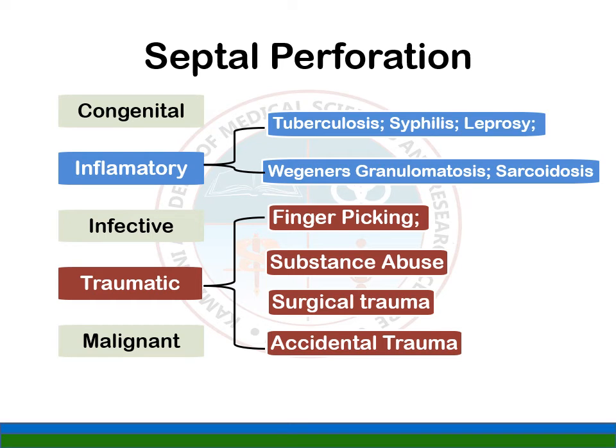It will lead first to bleeding. If the bleeding is controlled and crusting occurs, that is when the ulceration will start. If it is aggravated, that is when it leads to a septal perforation.